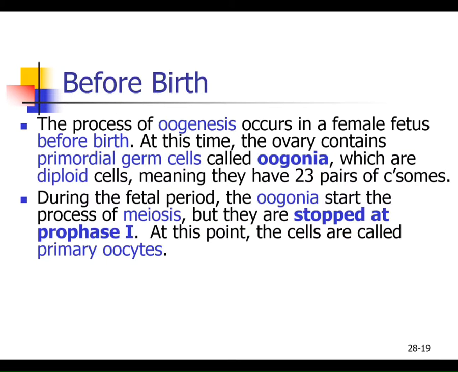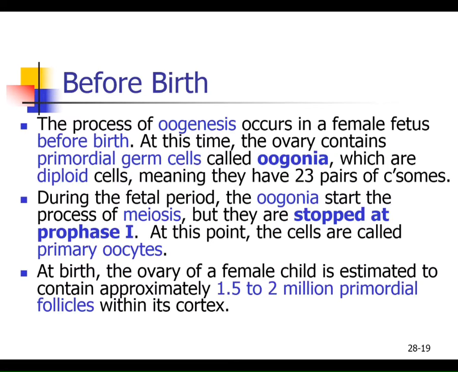And they stop early in meiosis. So they begin the process of making the egg, and then they go into a state of hibernation. At birth, a woman in her ovaries would have somewhere between 1.5 to 2 million of these primordial follicles. That's the maximum number of eggs that a woman would ever have.